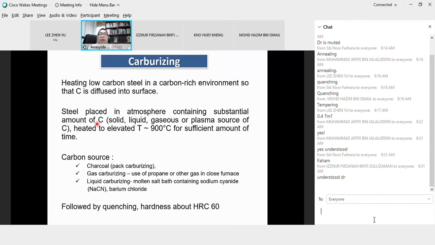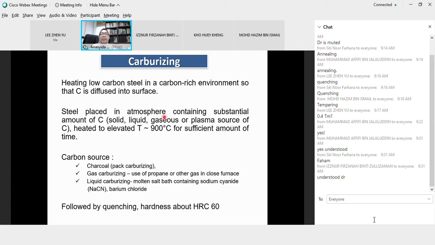We will actually talk first about carburizing. So you are actually diffusing carbon into the samples. You can do it either by solid, kalau kita buh charcoal, kita pack, ataupun liquid carburizing.